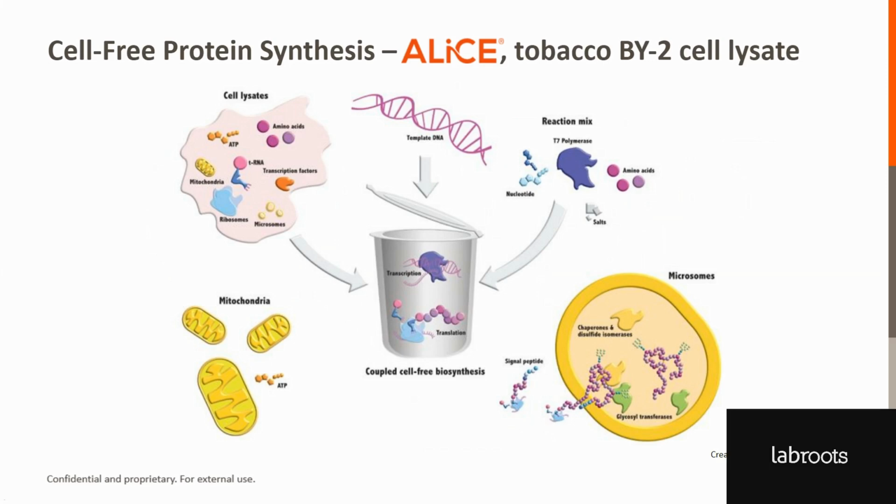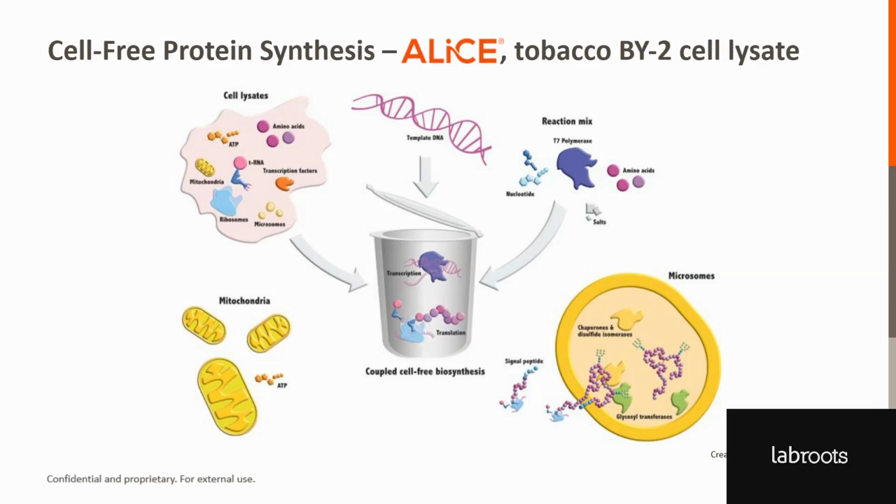But looking more specifically at ALiCE, we have two extra factors that you cannot find as standard across other systems. One of these is our functional mitochondria that are still retained in the system, which we use to power the reactions. These powerhouses of the cell are producing ATP energy substrates. And we also have something called microsomes.